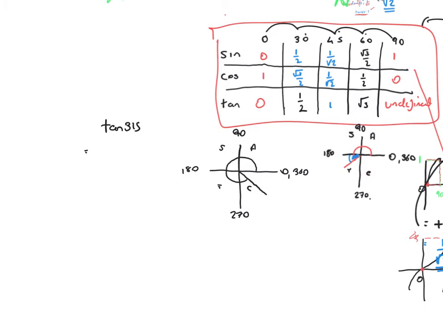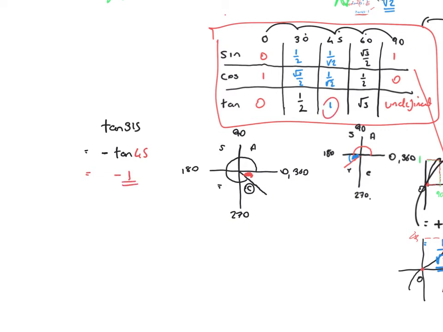Okay, first thing, we're in the cosine quadrant, so tan is negative in the cosine quadrant. Then I go for my acute angle. There's my acute angle there, and it's 45 degrees, minus tan 45. Back to the table, tan 45 is 1, therefore it's minus 1.